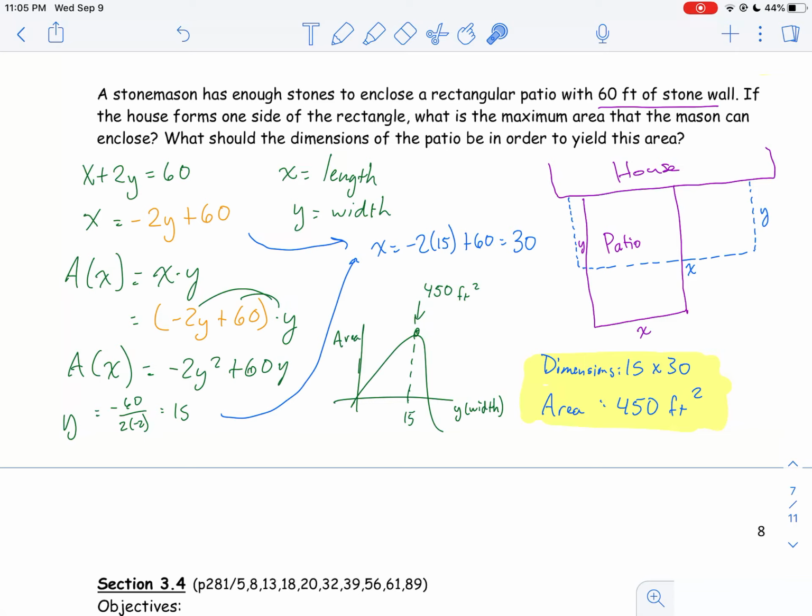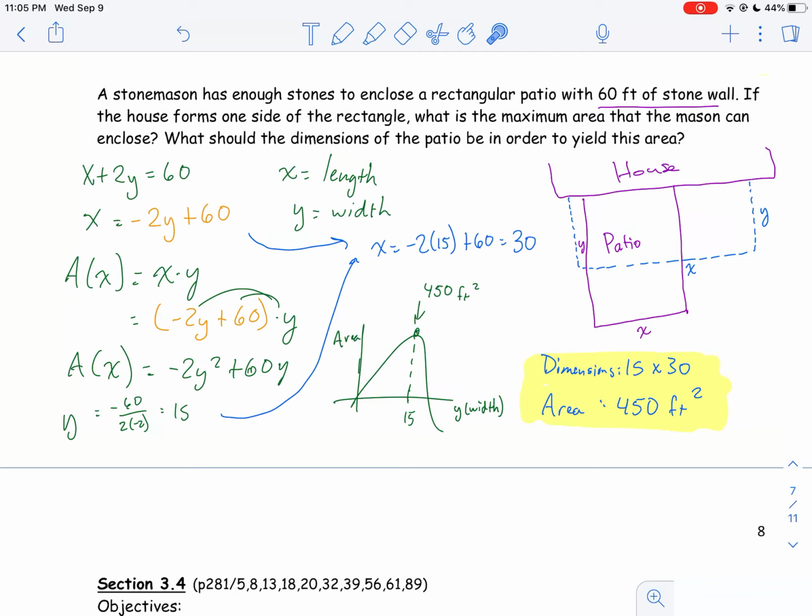We then use that to relate the two, length and width. The length is 60 plus negative 2 times the width, which makes sense with our stone wall, right? You would take the 60 feet minus 2 times whatever the width was, because you need that amount here and here. You then put that in the area equation, and you come up with a function that shows you the area given any width that you pick. Any width you pick, it'll jump straight to the area without having to calculate the length.